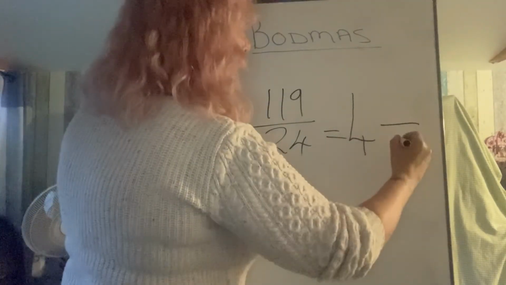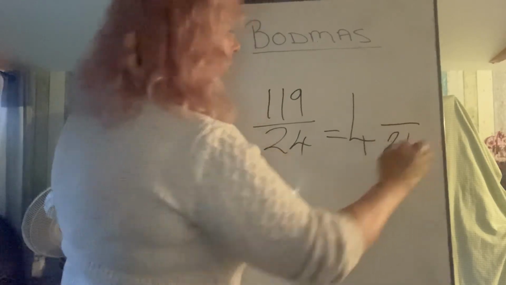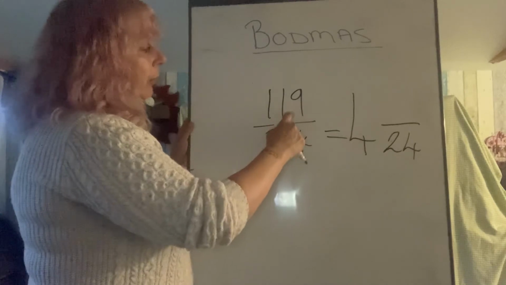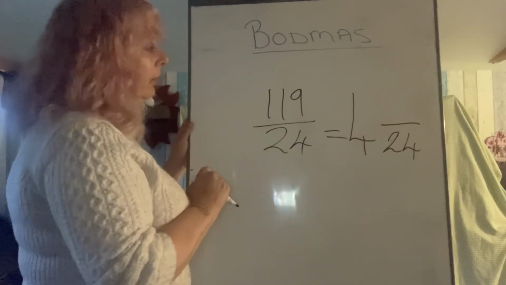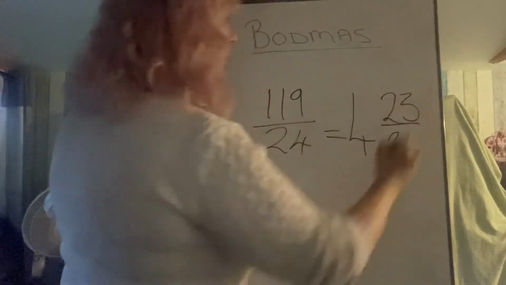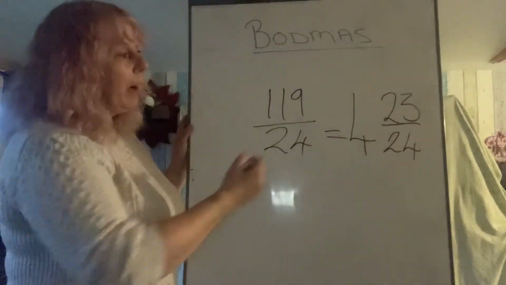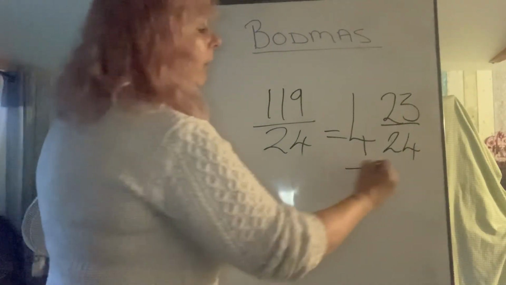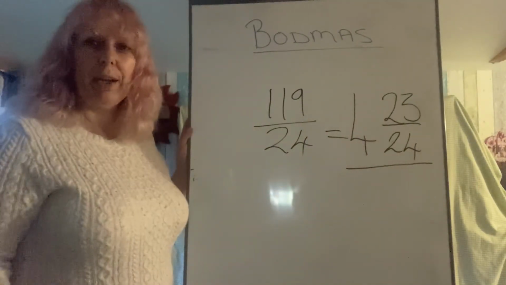And then what's left over, we'll put over the 24. So 96 to 119 is actually 23. So our answer to that very long equation that we started off with is 4 and 23 over 24.